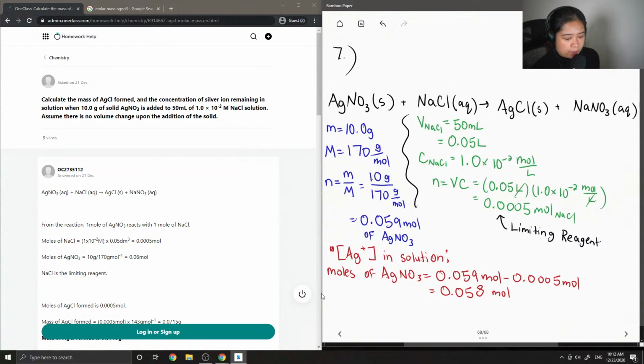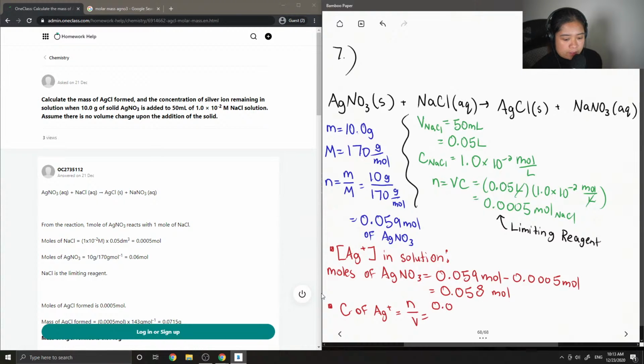So that's how many moles of silver nitrate there are. And now to calculate for concentration, the question said to assume there is no volume change upon the addition of the solid. So it'll just have the same volume of 0.05 liters.